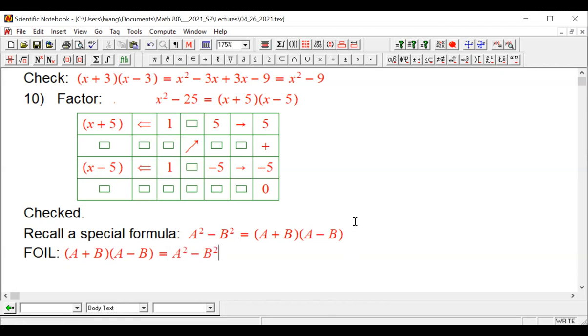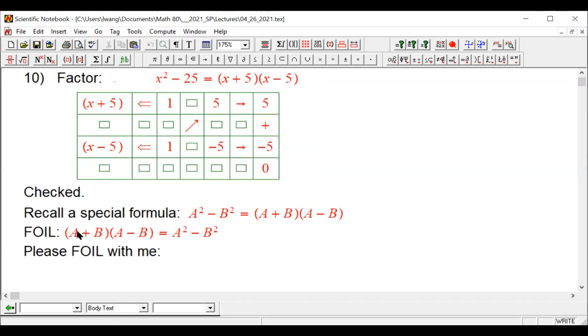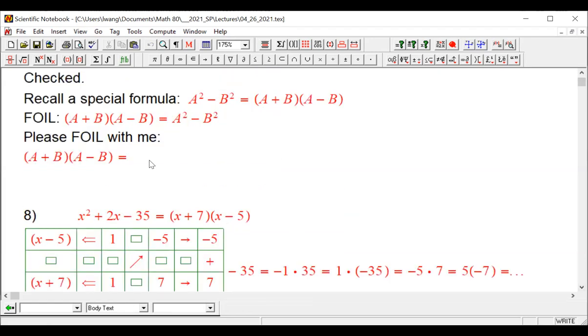So could you guys FOIL that for me? So please FOIL with me. Okay, so let's do the FOIL. We're gonna FOIL this formula. So we're gonna have a times a, that's a squared. a times negative b, that's minus ab. b times a, that's ab.